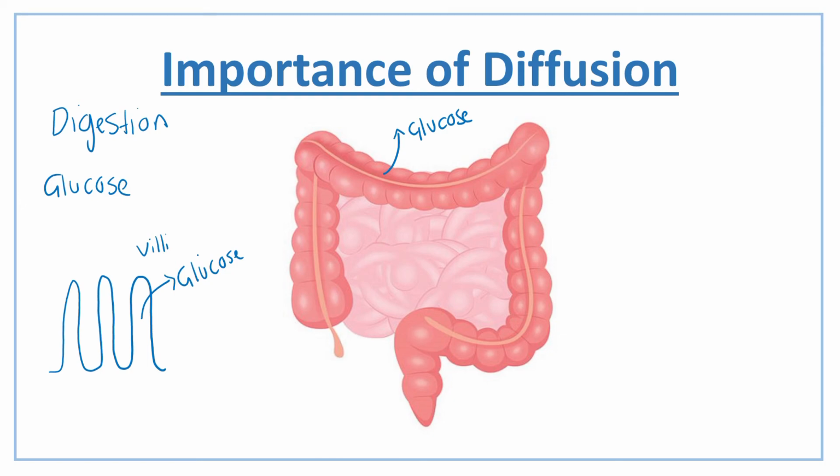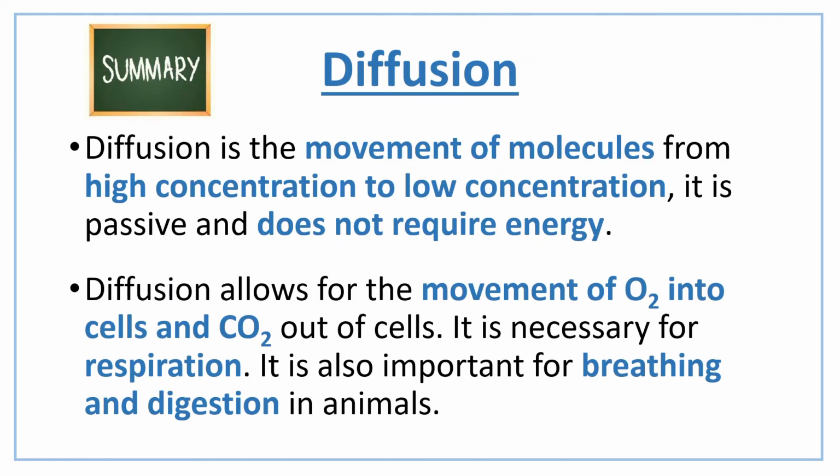Glucose, once it has entered the bloodstream, will then circulate around just like the oxygen will until it reaches all of the cells that require it, and then it will diffuse out of the blood and into those cells, and they will then put that glucose to use. So, to summarise, diffusion is the movement of molecules from high concentration to low concentration. It is passive and does not require any energy.